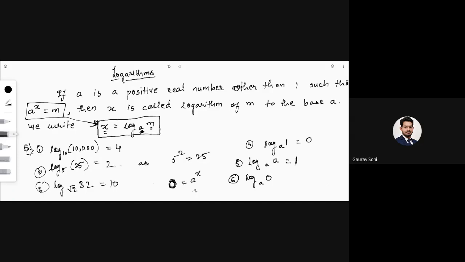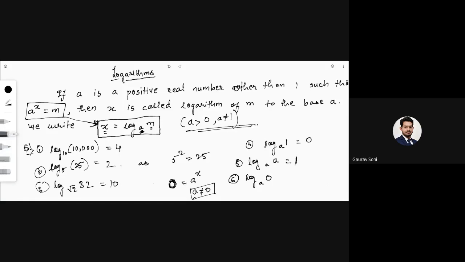And if a is not equal to 0, we consider this. In the definition itself, I forgot to write it down, but there is a condition that a should always be greater than 0 and not equal to 1. There is a condition with the definition of logarithm itself.